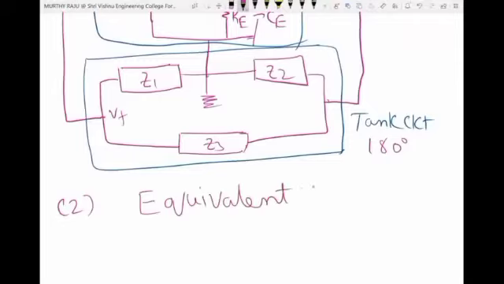In that equivalent circuit, DC analysis is not used. For design purpose, we use DC analysis.